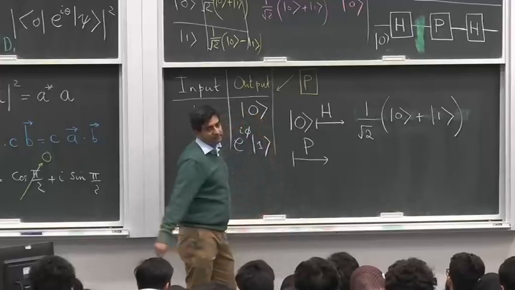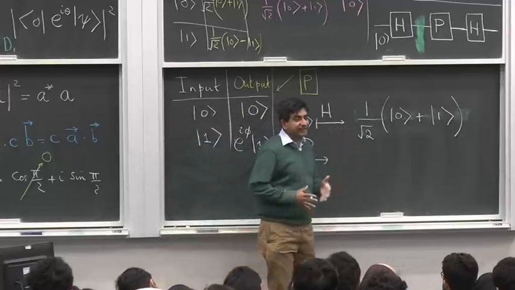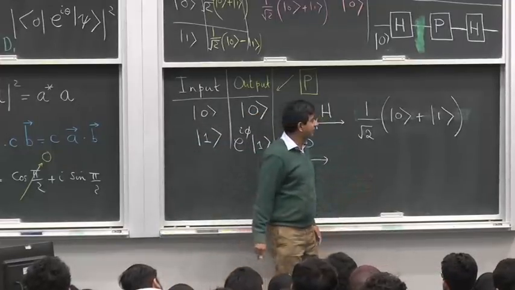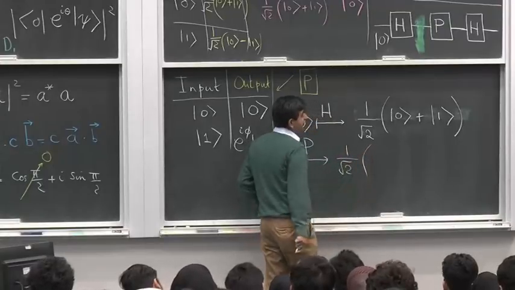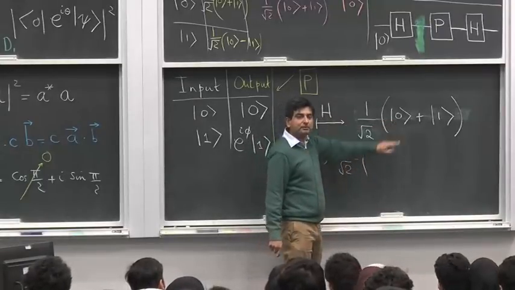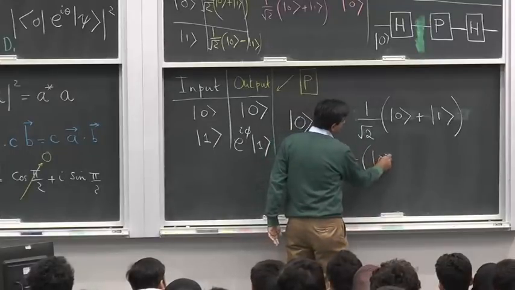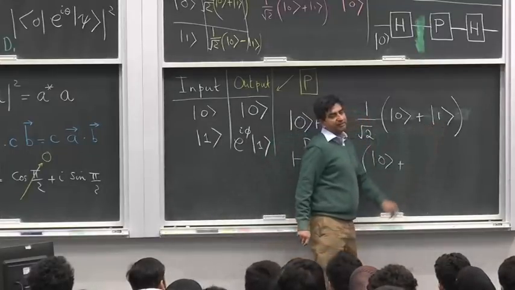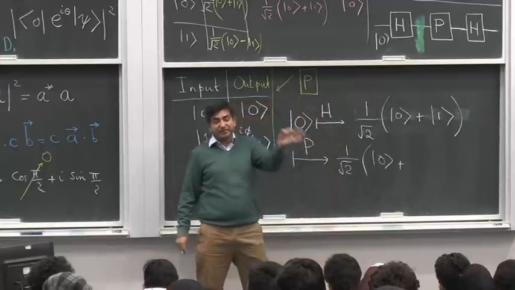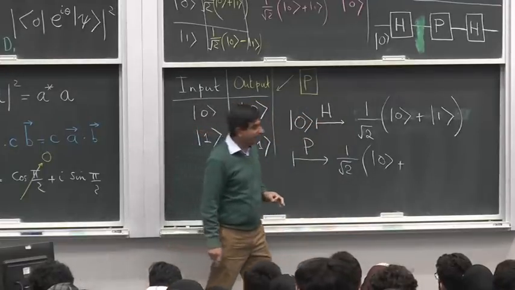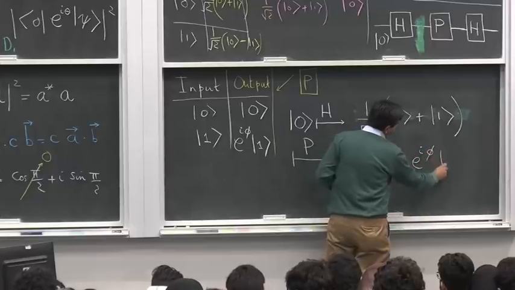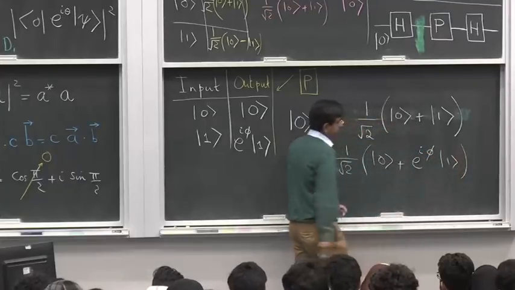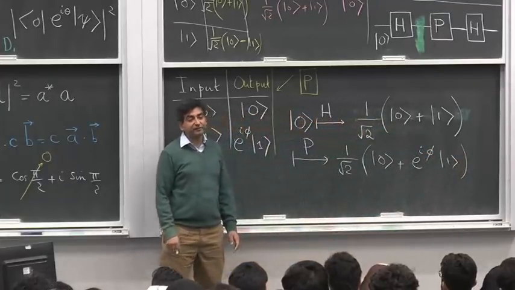Phase gate. So now this state is fed into the phase gate. What's the output? 1 over root 2. What's going to happen to this state? Nothing. What's going to happen to this state? It's going to pick up a phase factor. Simple. This phase factor is picked up.